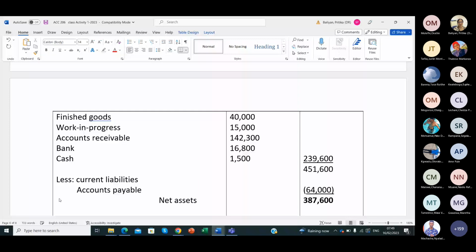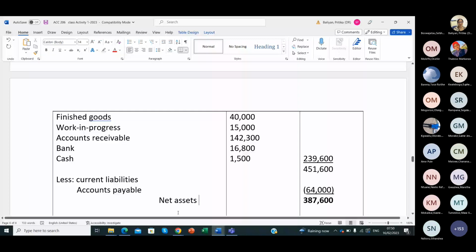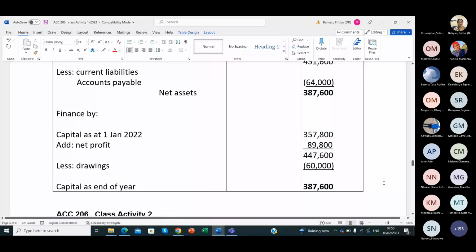After net assets, what do we calculate in the statement of financial position? Capital, right. The capital of the business. So now we will calculate the capital of the business. When we write capital financed by, it is the capital at the beginning of the business, which is given in the question.